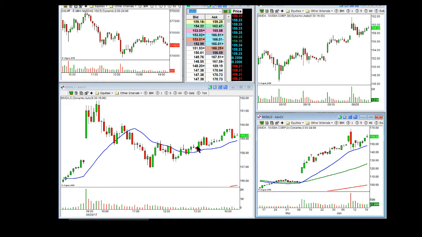So NVIDIA is beginning to move up and was acting quite well here. And how do you quantify something like acting quite well? Well, you can see here it started to move up and it came back down, suggesting that it would move lower, and it didn't.